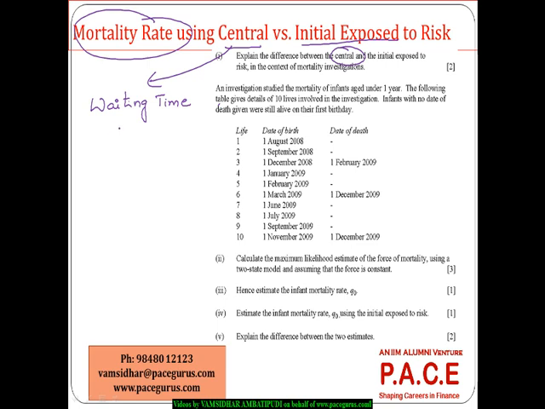The total waiting time of the observations when we bring out either a multi-state model, or even a special case, a two-state model, or probably even a Poisson model. It's an overall waiting time which we generally denote with a C at the top. The exposed to risk with a C at the top gives me the central exposed to risk.